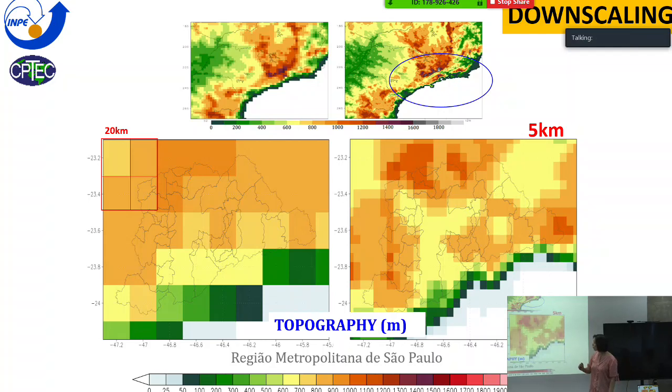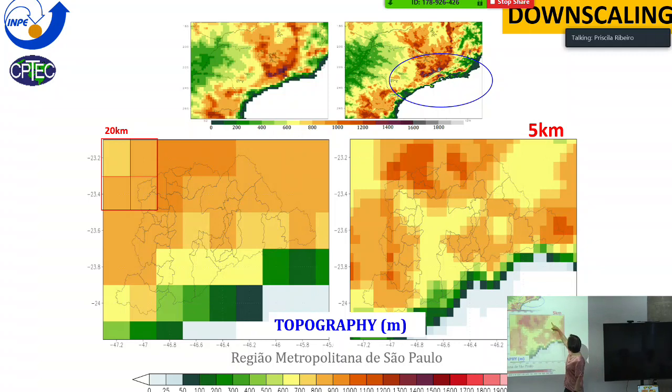At 5 kilometers, you can notice that the central part of Sao Paulo, the capital, is lower than its surroundings. The surroundings are higher and generally cooler, not only because of the height but also because of some vegetation cover that distinguishes them. But if you are running at 20 kilometers, you can't distinguish this lower flat area in central Sao Paulo.